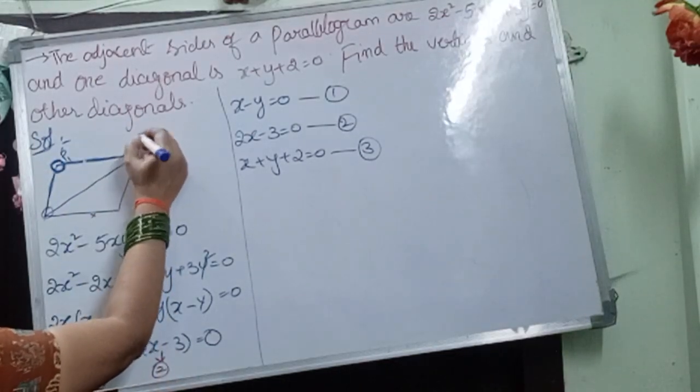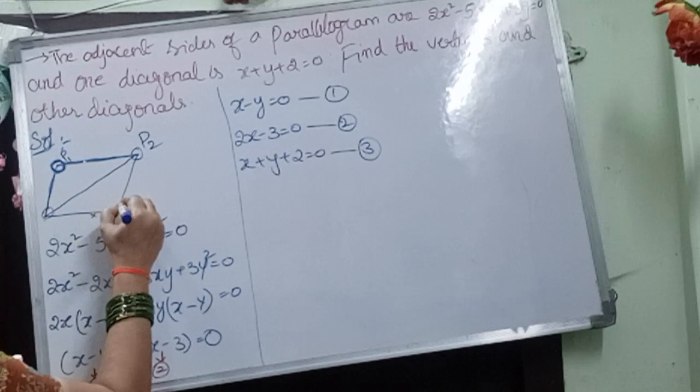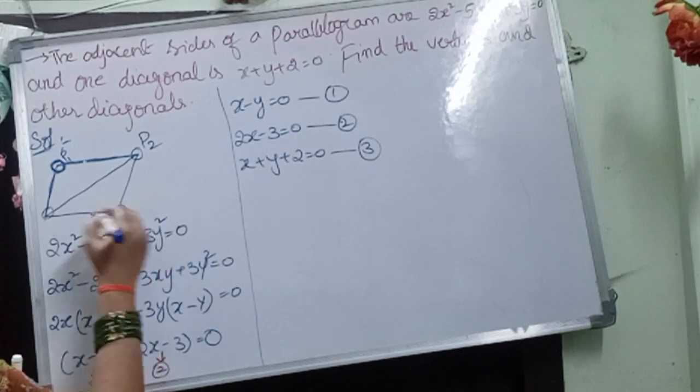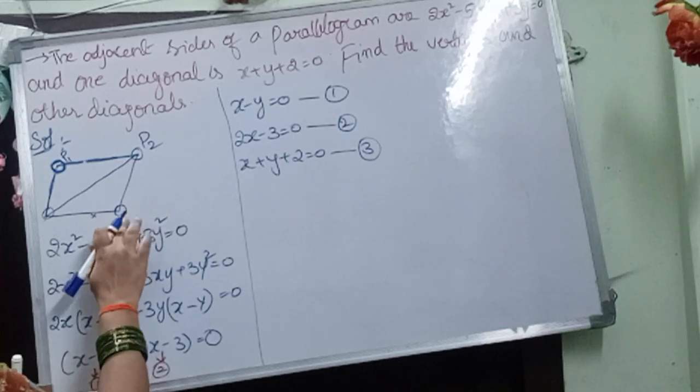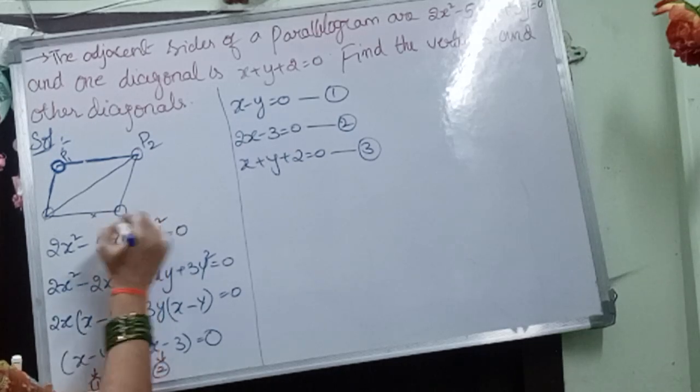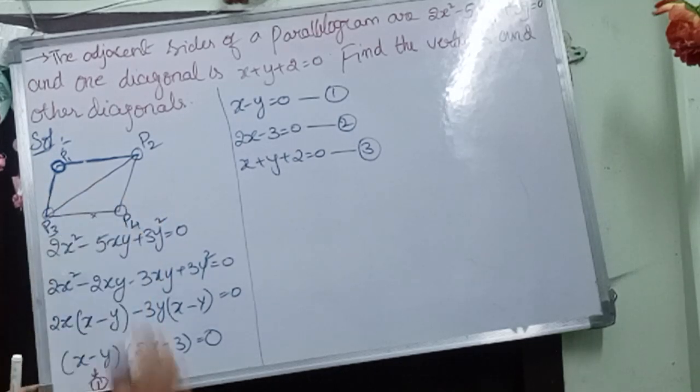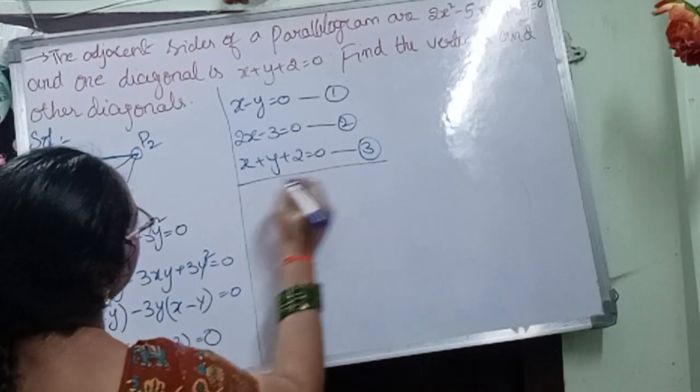This is P1, this is P2, this is P3. So find P1, P2, P3 first by using these three equations.